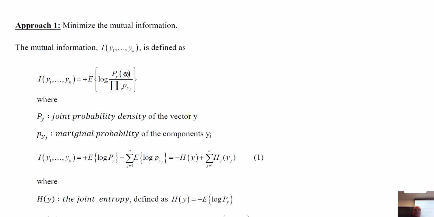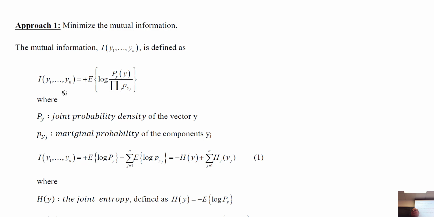This whole thing is your random variable, and you take the expected value of it. When you say expected value, you have to decide which of these densities you're going to use. By convention, you always use the one on top, which is p sub y, the joint. So that's the definition of mutual information.